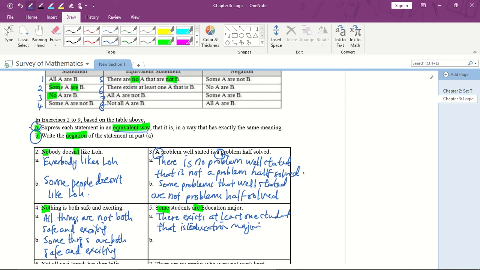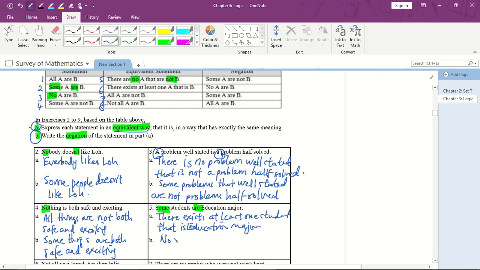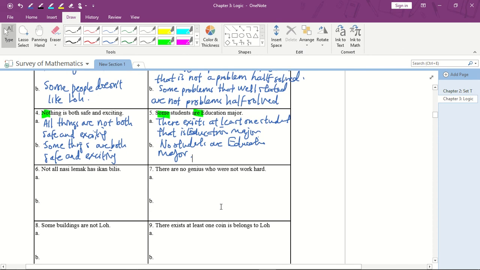Of course the negation will be the statement on the right here, no A are B, which is: no students are education majors. Okay, so it's kind of easy, right? Okay, good. And let's go for the next one.